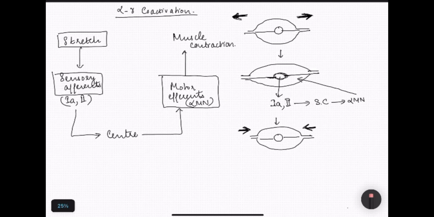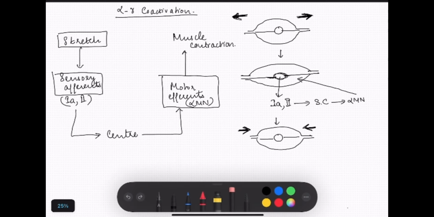To complete our discussion on stretch reflex, we have to talk about one more topic called the alpha gamma coactivation. So let's sum up our stretch reflex real quick. First, there occurs a stretch, which stretches the entire muscle, activates our muscle spindle, which causes firing of the 1A and 2 fibers up to the spinal cord.